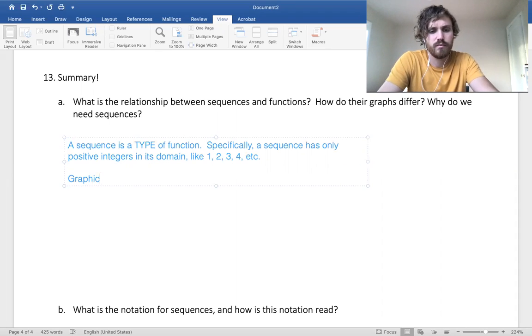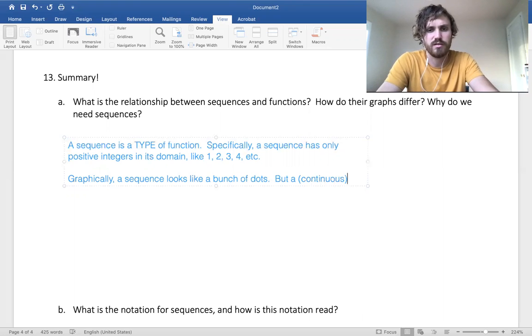Graphically, a sequence looks like a bunch of dots, but a function, we could even say continuous function, looks like a curve or line that is connected.